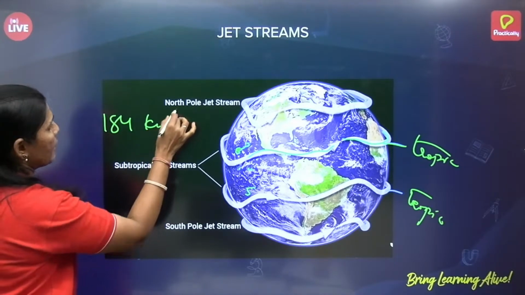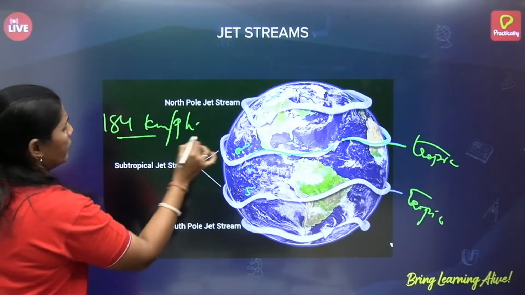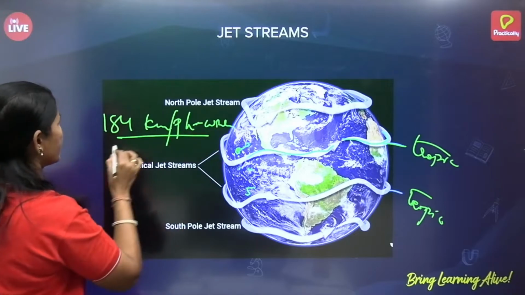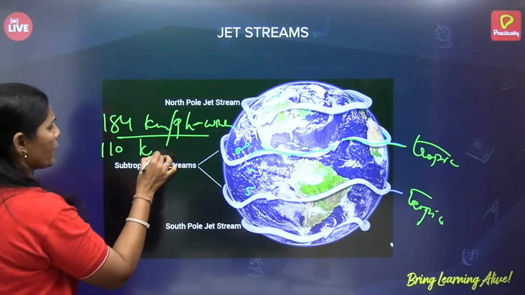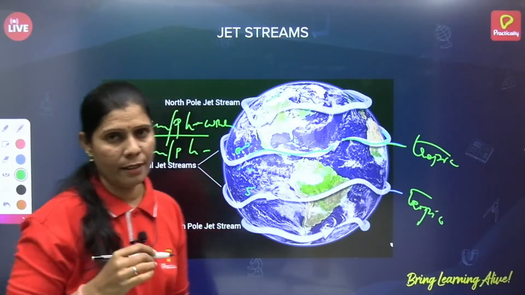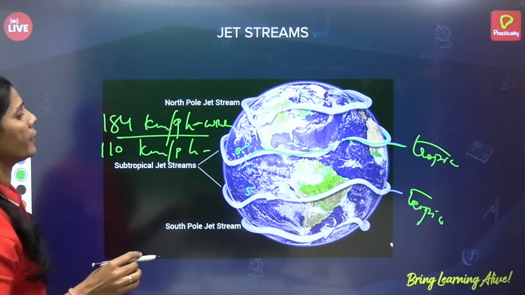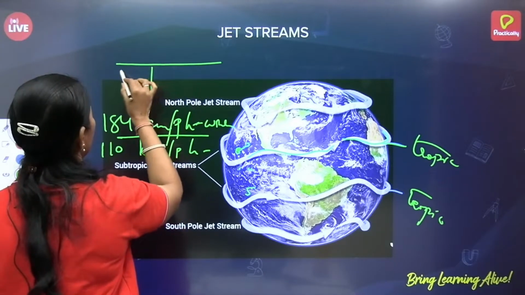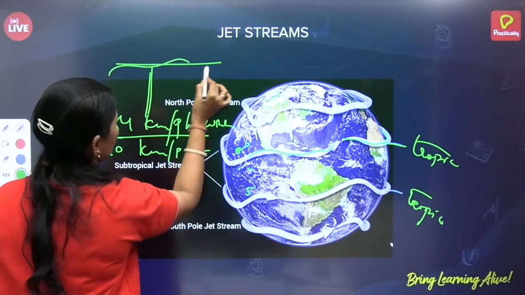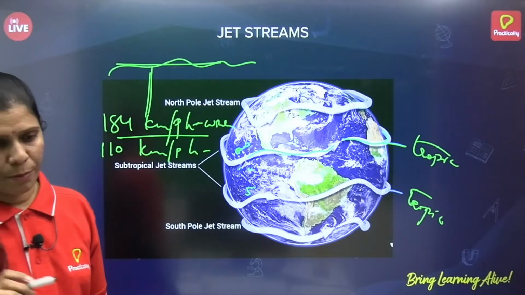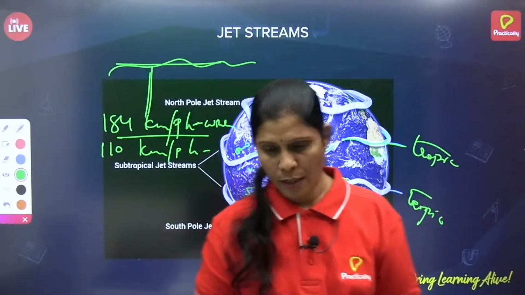They blow in the upper atmospheric circles, at higher elevations in the air. So jet streams are an important point to be noted.